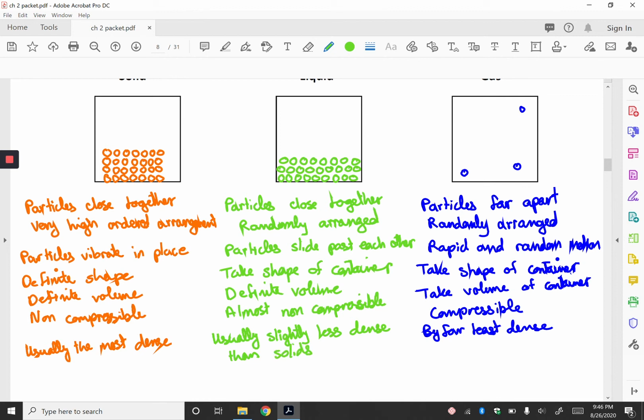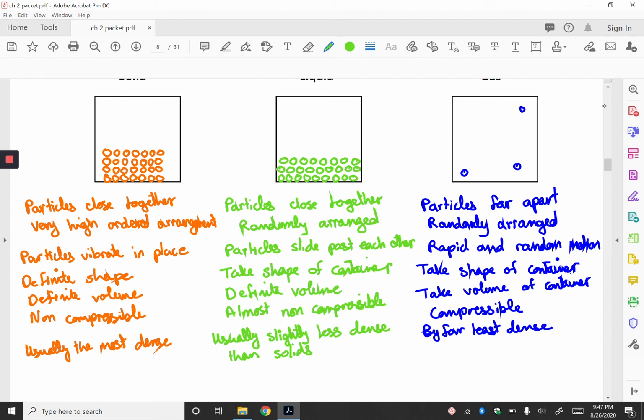So the density of the liquid and the solid are very close to each other because you can see from my particle diagrams here, the spacing between the particles in solids and in liquids is very similar, and so their densities are very similar. And both of them are way more dense than a gas is because the volume between gas particles is huge, right? So these by far are the least dense.